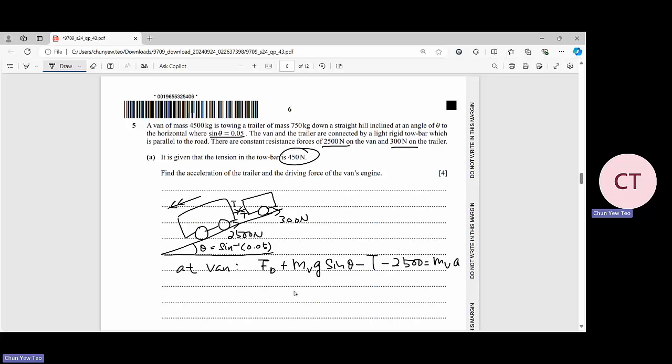Okay, so the driving force, I do not know. This one will be 4,500 times 10 times 0.05, minus the tension given as 450, so we just write 450, minus 2,500, is equal to 4,500a.